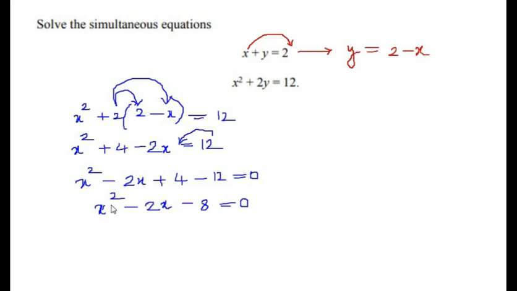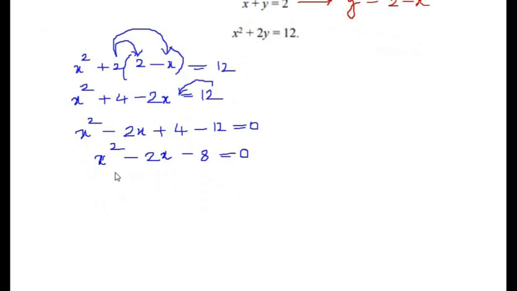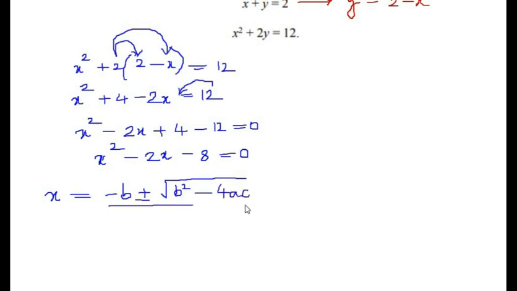Now as you can see, this is a quadratic equation, and to factorize it or to find the values of x we can use any of the methods. One is splitting the middle term, or you can use the quadratic formula, or you can use the completing the square method. To solve this I am going to use the quadratic formula, which is given as x equals negative b plus or minus the square root of b squared minus 4ac, all over 2a.